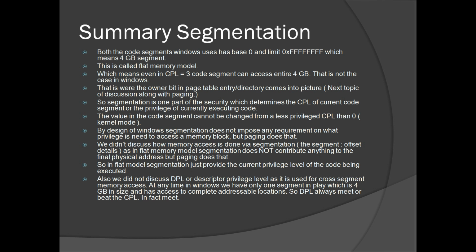Even in CPL equal to 3, the CS segment can access the entire 4 GB. But that's not the case in Windows, as we're going to see later. Basically, there is something called the owner bit in the page table entry or page directory entry, which controls this access.